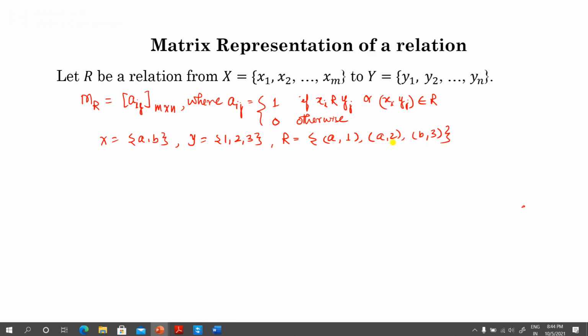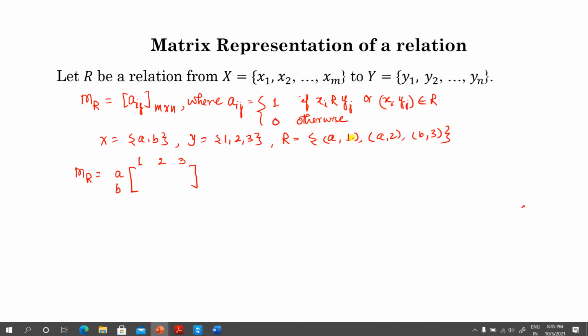Assume only 3 elements are there in relation R. So the matrix of this relation will be a matrix of order 2 by 3. 2 means the rows corresponding to the elements a and b, and the columns will be corresponding to 1, 2 and 3. So in this way you can define the structure or order of the matrix.